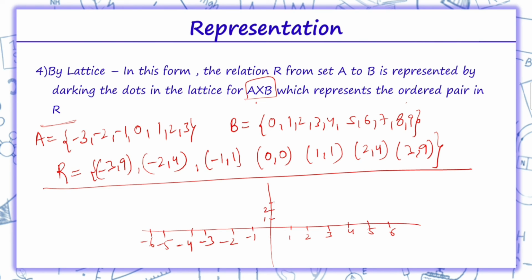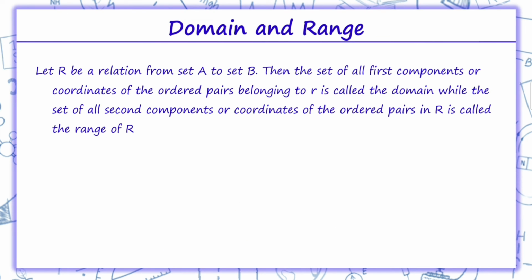So 1, 2, 3, 4, 5, 6, 7, 8 and 9. So (-3, 9) I'll get over here. Then (-2, 4), this is (-2, 4). Then (-1, 1), this is how. So when we represent it in a graphical manner, we call it lattice form.